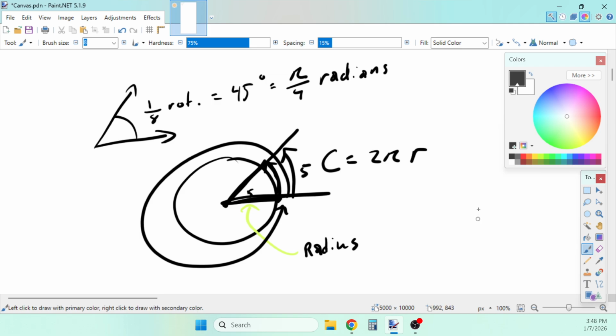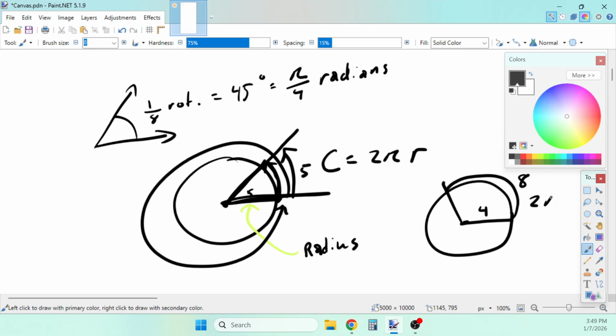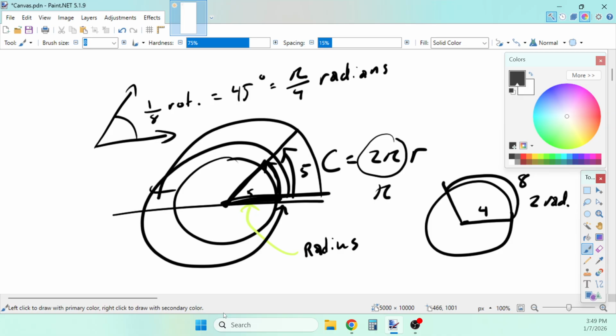If our radius is 4 and we walk 8 units around the circle, we have gone 2 radians. So all the way around is 2 pi radians. Halfway around is only going to be pi radians. A quarter of the circle is going to be pi over 2 radians.